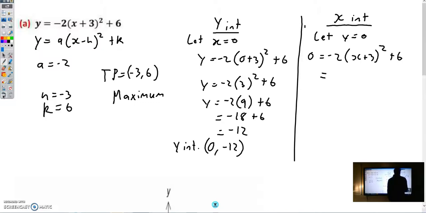Now, my first step here has to be to divide by minus 2 to remove that coefficient of my x plus 3 squared. I'll do that in different colors so you can see. Divide by minus 2 to both sides.